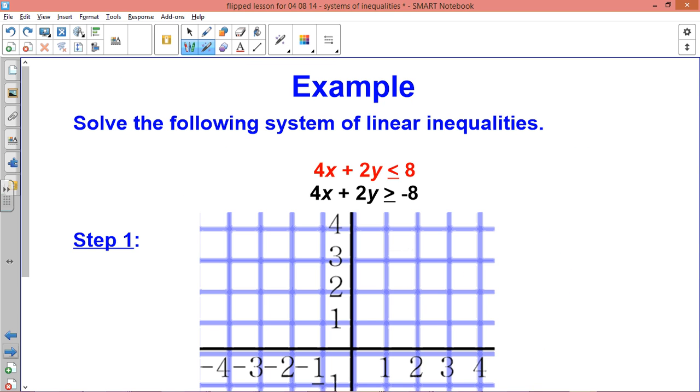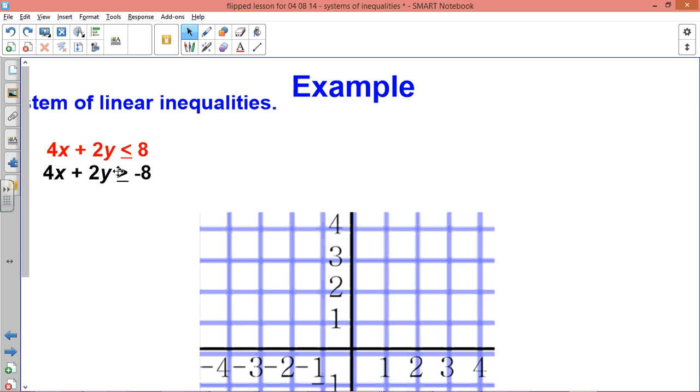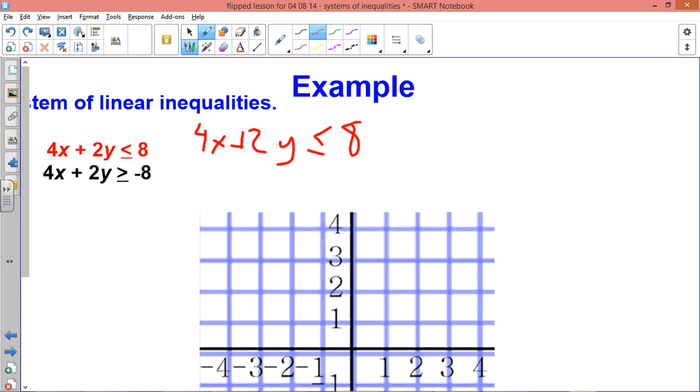Here's another example. Solve the following system of linear inequalities. I'm going to move this over, and I'm going to solve first my red inequality and then my black one. So 4x plus 2y less than or equal to 8. Solve for y. So first subtract 4x, subtract 4x.